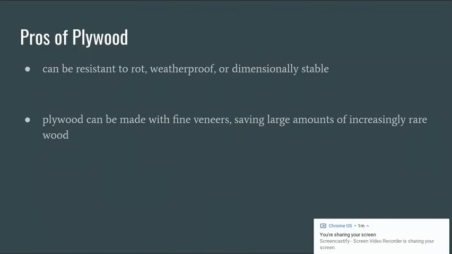So, a lot of people use plywood because it is weatherproof and it won't rot outside, and it is very stable, and this can also save different rarer trees that are not found at Home Depot from becoming more extinct.